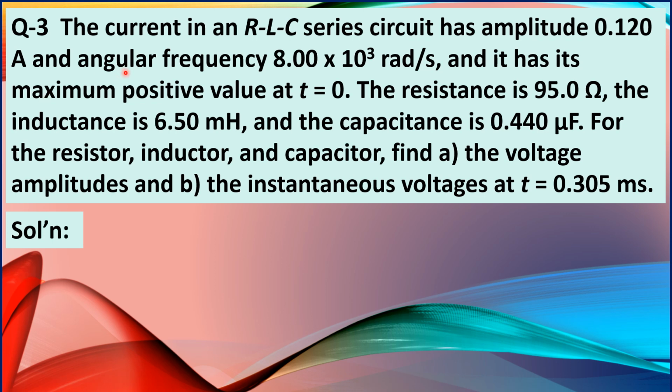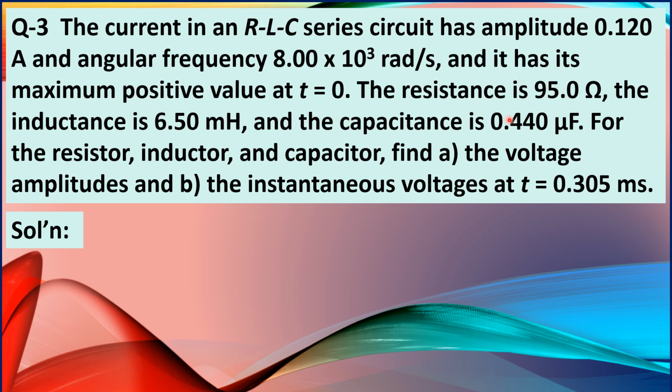Down to our last question, number 3. The current in an RLC series circuit has amplitude 0.120 amperes and angular frequency 8.00 times 10 to the 3 radian per second, and it has its maximum positive value at t equals 0.